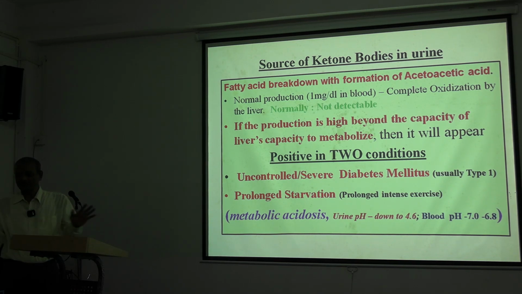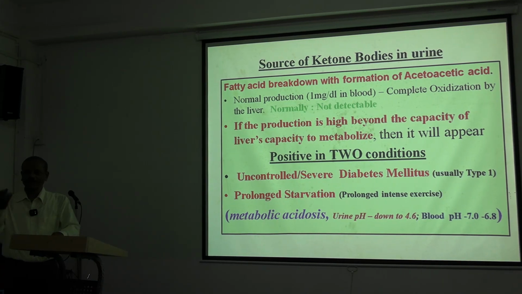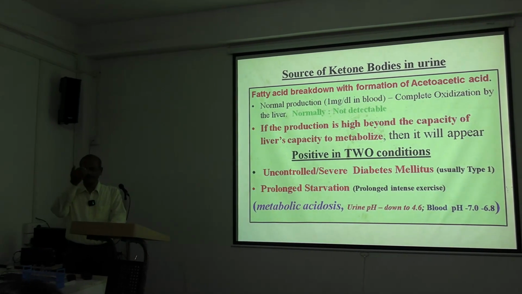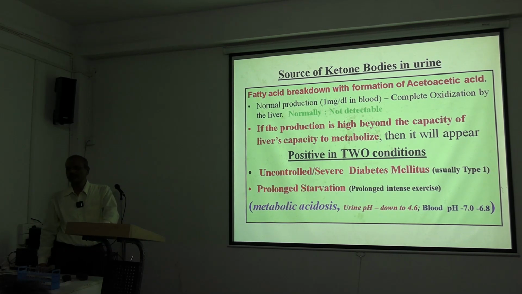Normal production, but when the production is beyond the liver's capacity to oxidize it, then only it will accumulate in the blood, and that high amount of acid, this ketone body, will then be filtered in the glomerulus, and from the renal tubule it will be excreted, to ureter, then to urine.